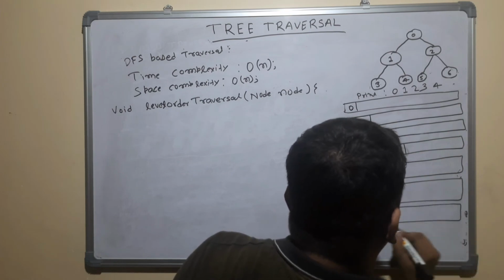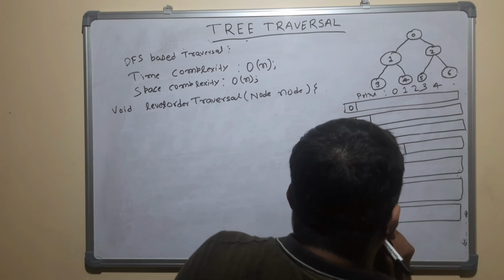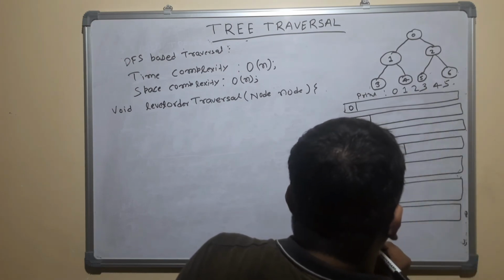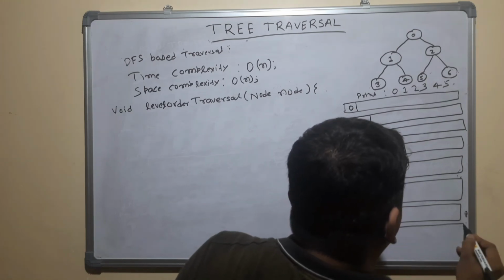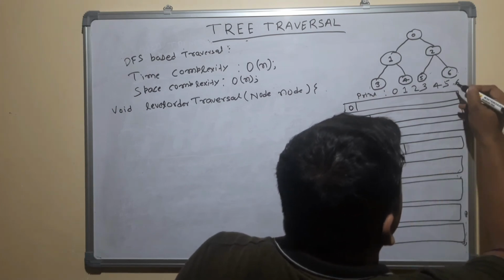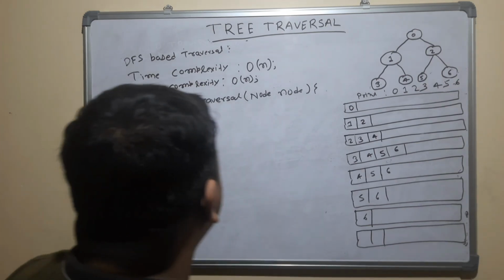Then we have to process 5, 6, 4. We have to remove 5 and print 5. Now we have to remove 6. Now the queue has become empty. When the queue is empty, our level order traversal has been completed.